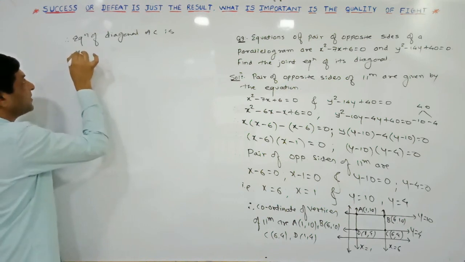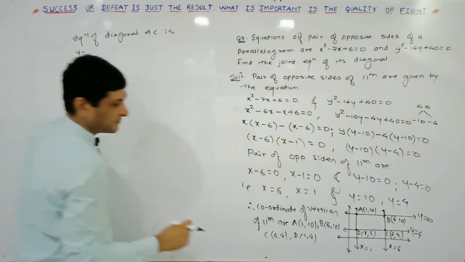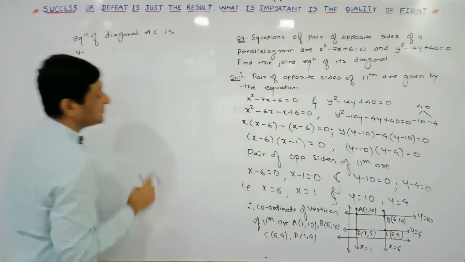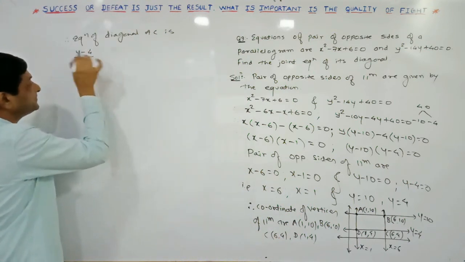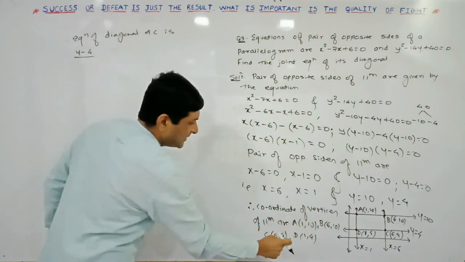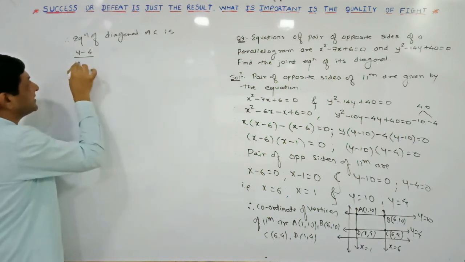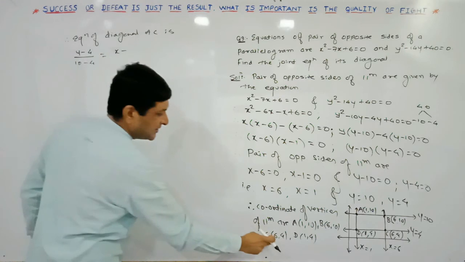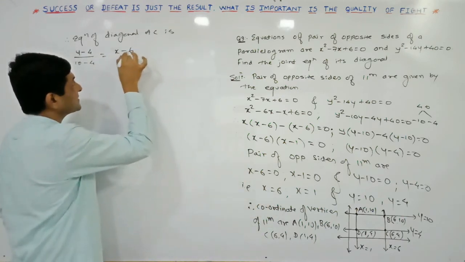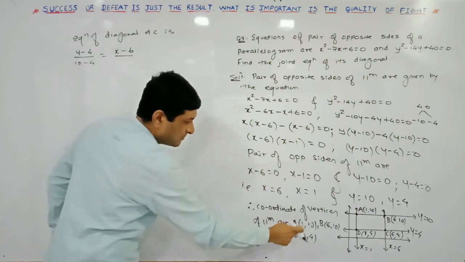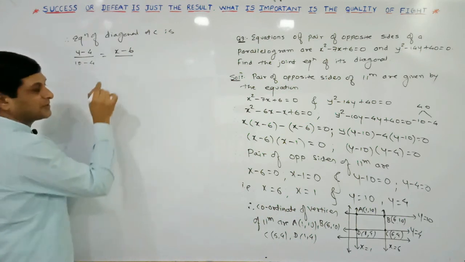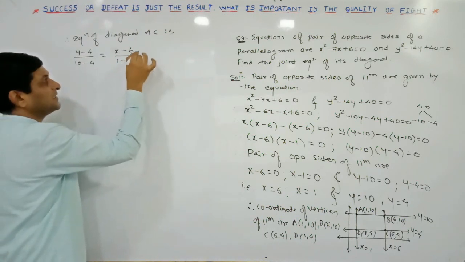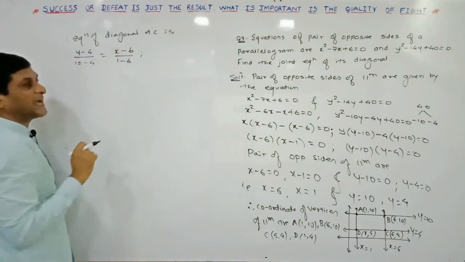What is the two-point form? (y - y1)/(y2 - y1) = (x - x1)/(x2 - x1). What is y1 here? y1 is 4, and y2 - y1 means 10 - 4. What is x1 here? x1 is 6, and x2 - x1 means 1 - 6. In this way we have got the equation of diagonal AC.